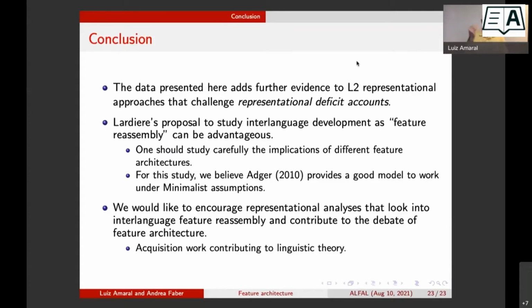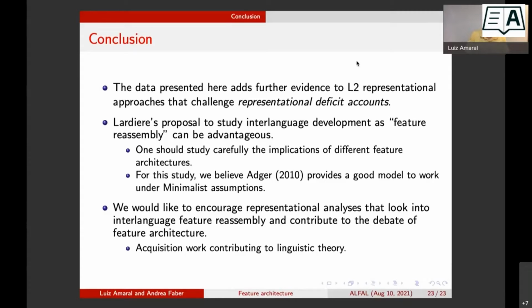As I said, there is an upper limit for minimalism in terms of features cannot be embedded under features, but in other syntactic theories, it's totally okay for features to be, because merger doesn't happen at the syntactic level. Unification, which is the correspondent, happens at the lexical level, and then you have different approaches there. So our conclusion here points in this direction, and that's where the discussion is.